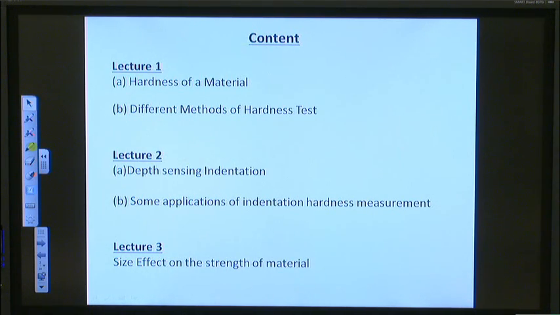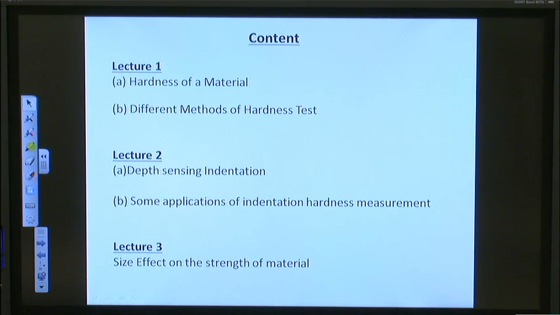The content of this lecture is as follows. In lecture 1, I will talk about indentation hardness: what is the hardness of a material, and different methods of hardness test. In lecture 2, I will talk about depth sensing indentation, which is also called instrumented indentation, and some of the applications of indentation hardness measurements.